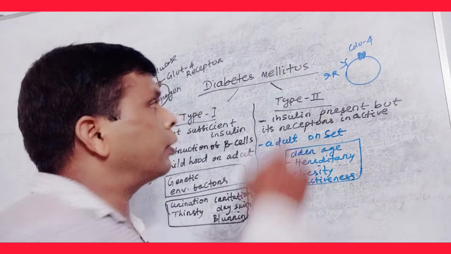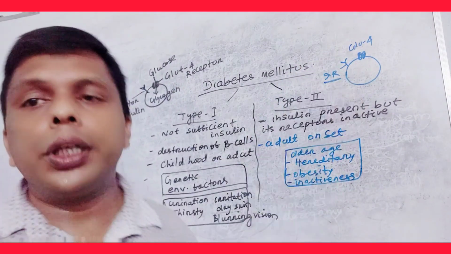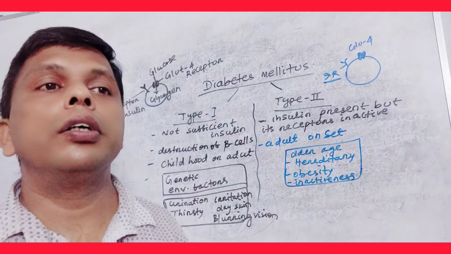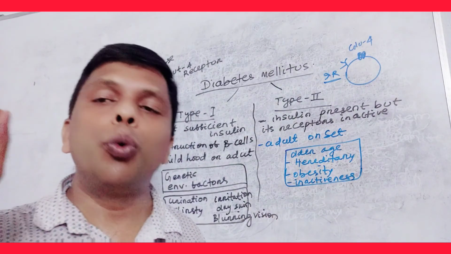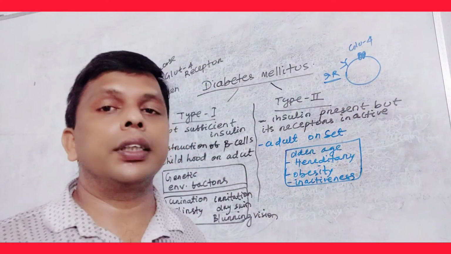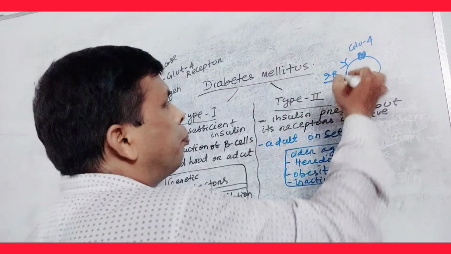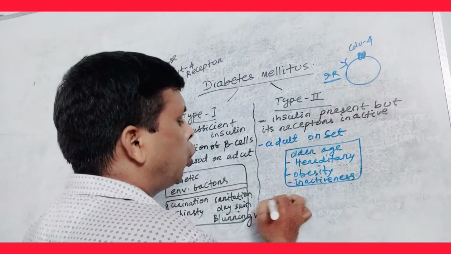Insulin is produced in such cases, but the sensitivity of the receptor to insulin is reduced. It binds slowly.